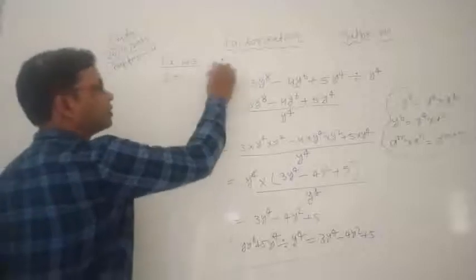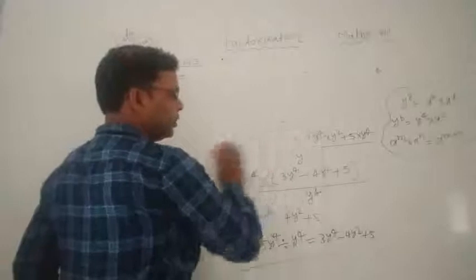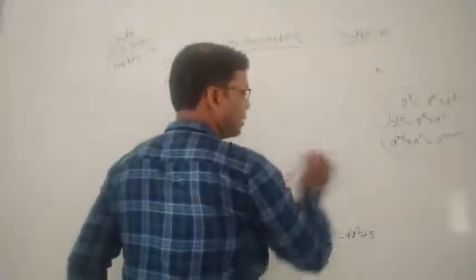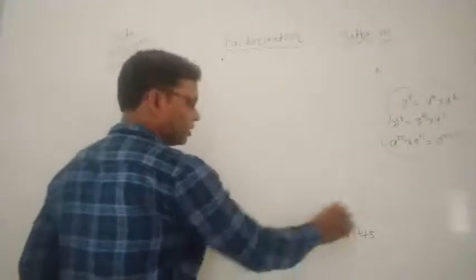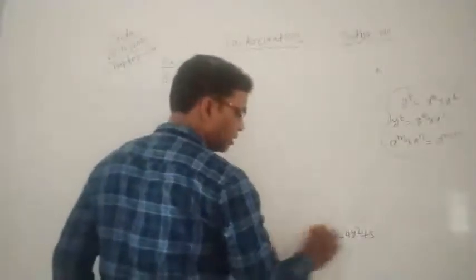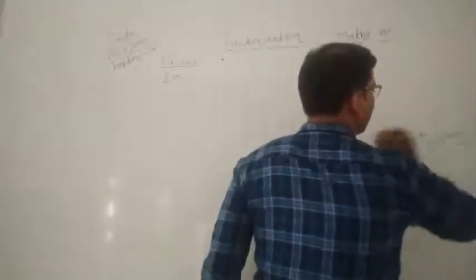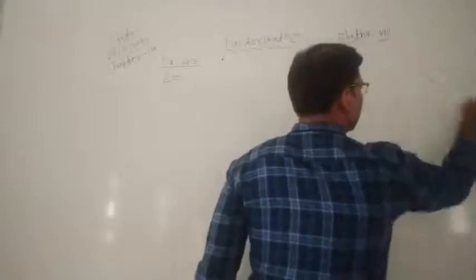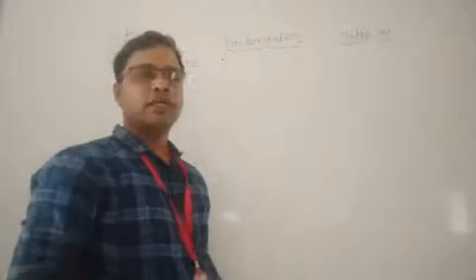Let's see. The third part is 8 into x to the power 3 y square into z square plus x square y to the power 3 into z square plus x square y square into z to the power 3 divided by 4 x square y square z square.